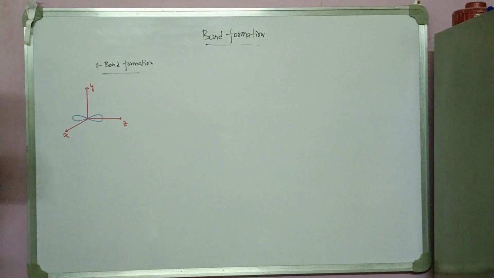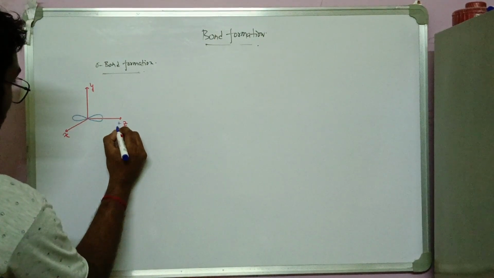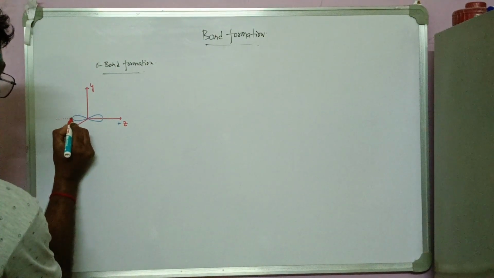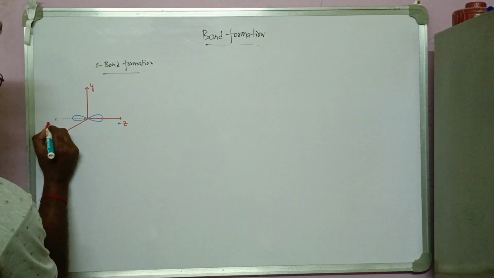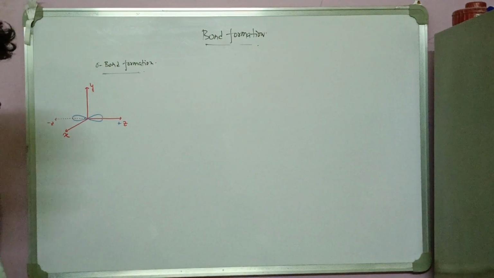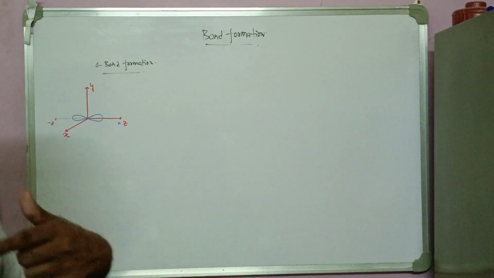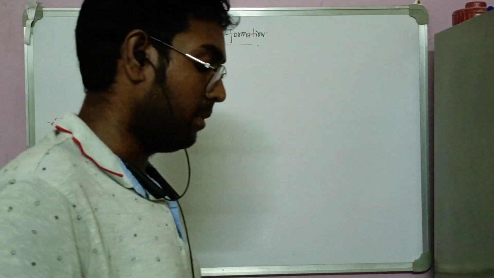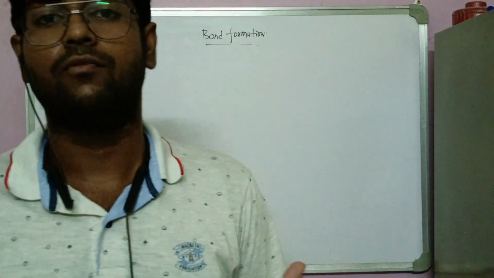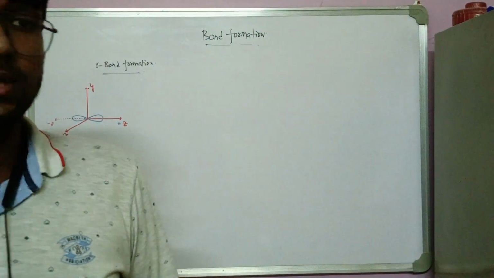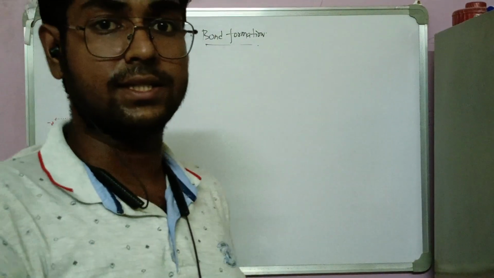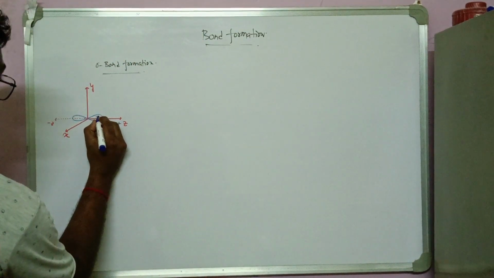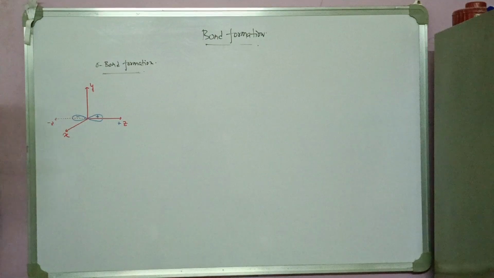One lobe is lying over the positive z coordinate, and another lobe is lying over the negative z coordinate. That is why we often say that the two lobes are in different phases, one in the positive phase and another in the negative phase. That doesn't mean that one lobe is negatively charged and another is positively charged. It simply means that one lobe is lying over the positive z axis and another is on the negative z axis. So if this is plus, then this will be minus.